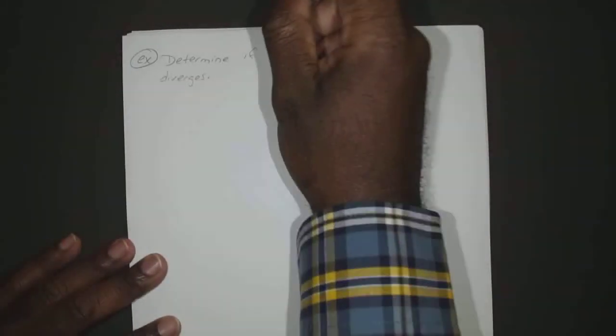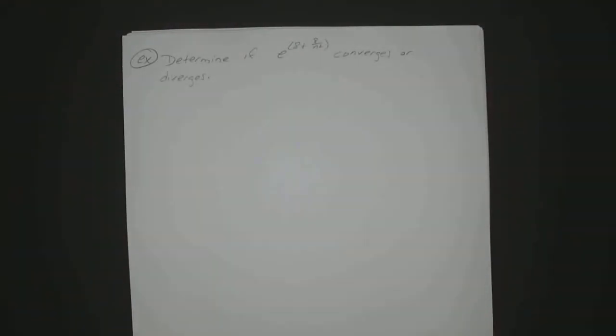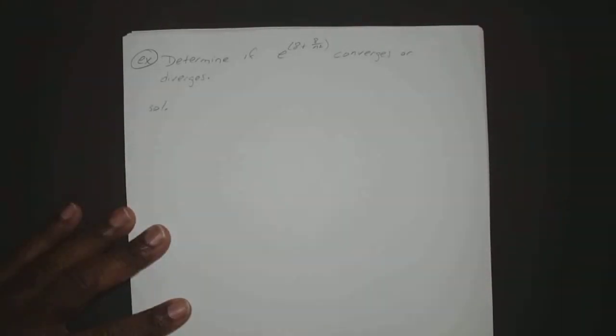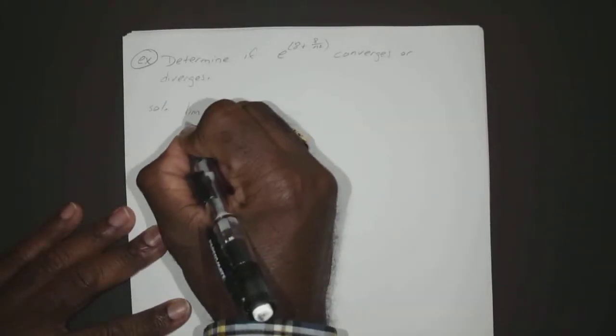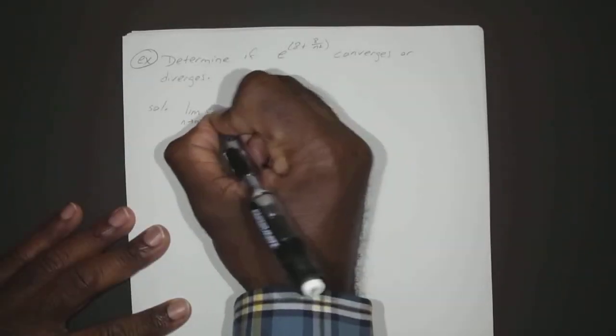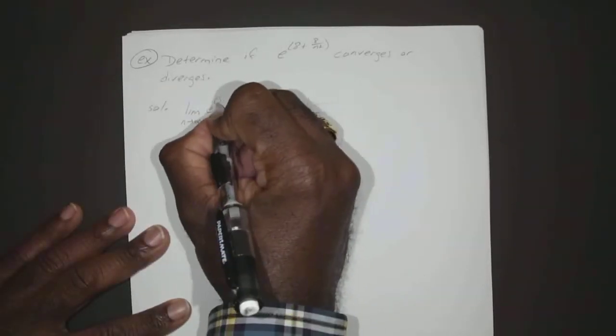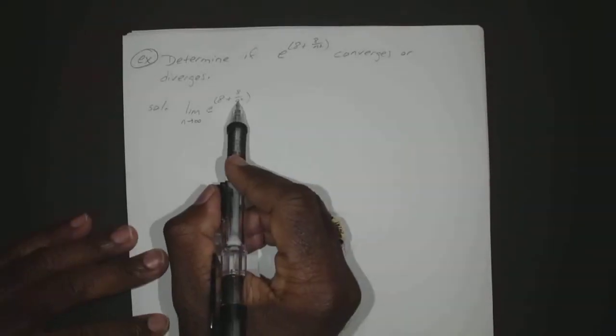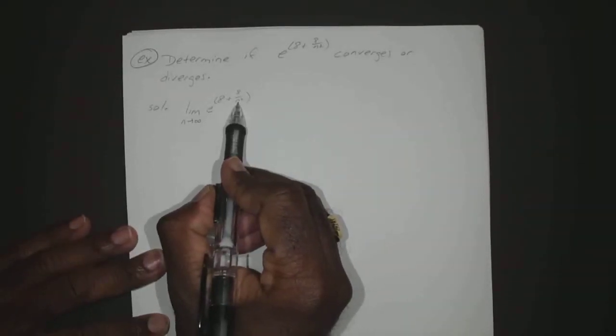So if we get the limit as n approaches infinity, as n gets bigger and bigger, this just gets closer and closer to 0.